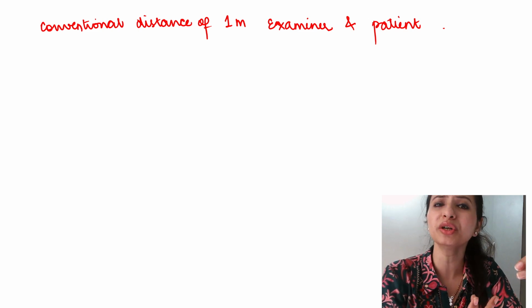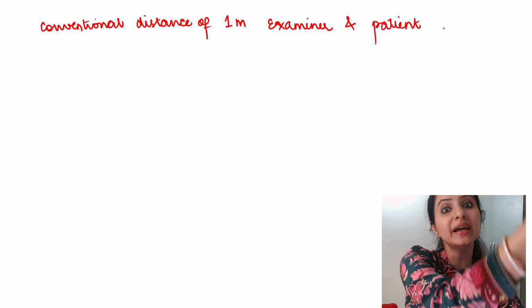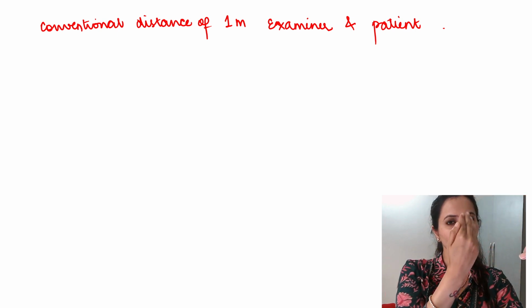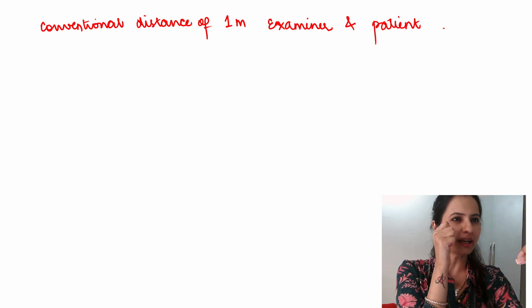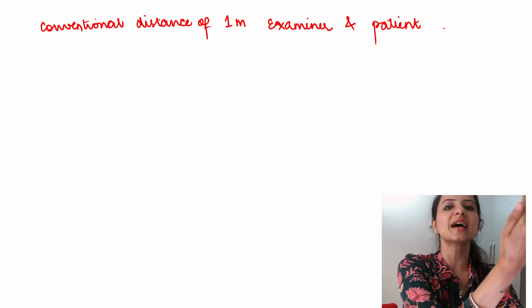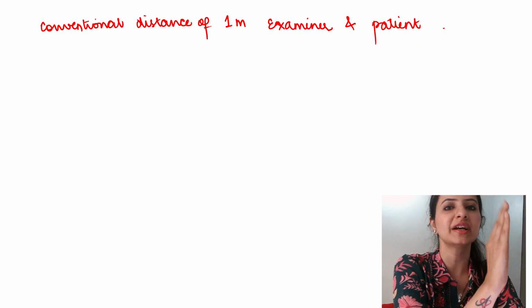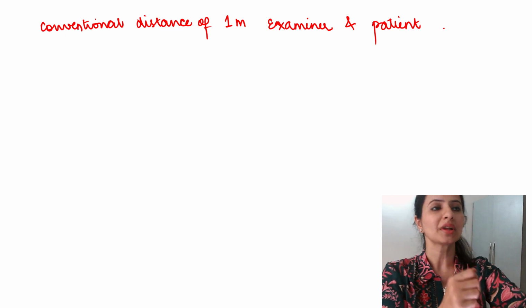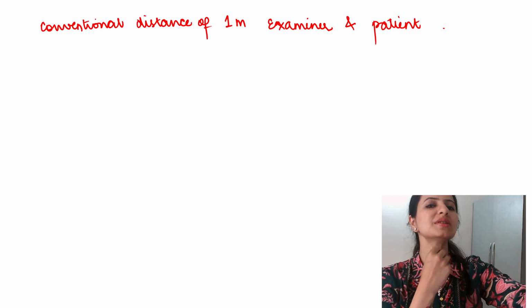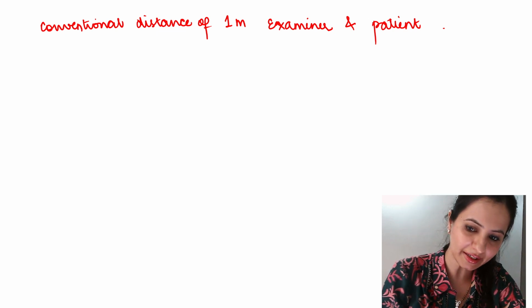So it is very important to know where is the source of light. So this source of light is behind the patient. It will come from the front, get reflected from the mirror retinoscope that I am holding, and it will go inside the patient's eye. And depending on this movement of red reflex, we determine the refractive error. Or in streak retinoscope, the patient and the examiner both sit at a distance of 1 meter from each other, and then the movement of this reflex is noted, right?